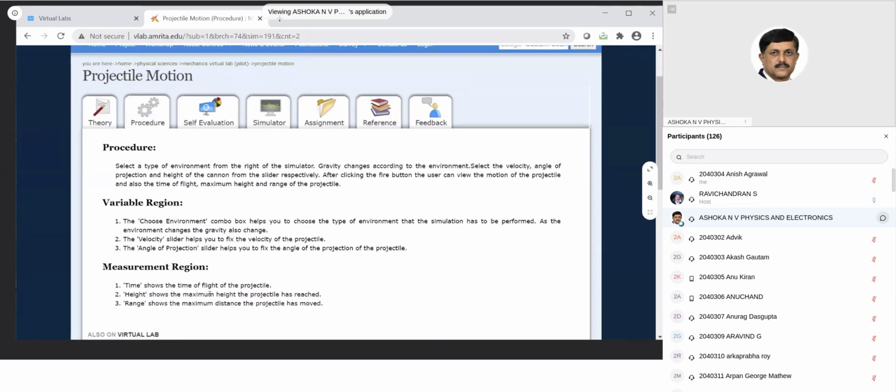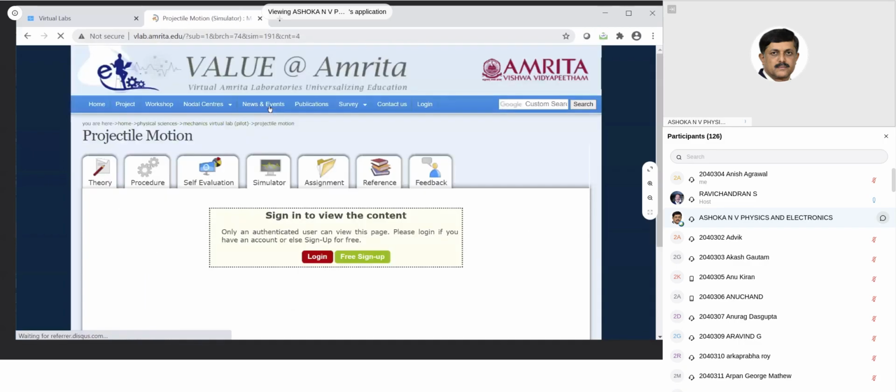Height shows the maximum height the projectile has reached. Horizontal range shows the maximum distance the projectile has moved. So these are the simple experiments you have, and you can do them very easily without any difficulty, without any risk also. So very simple.